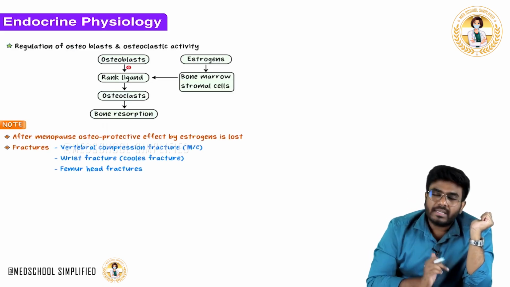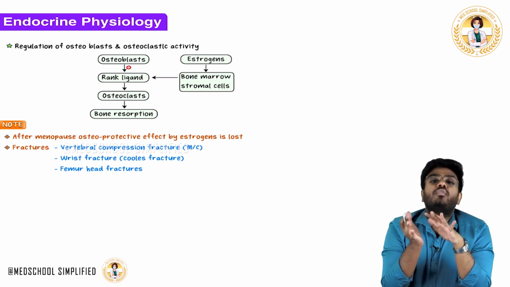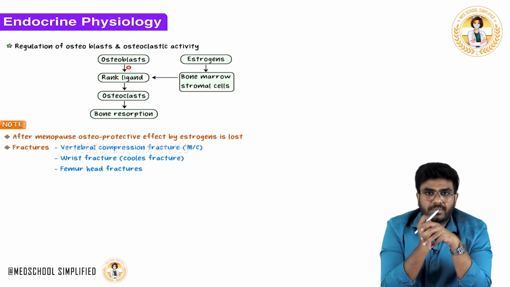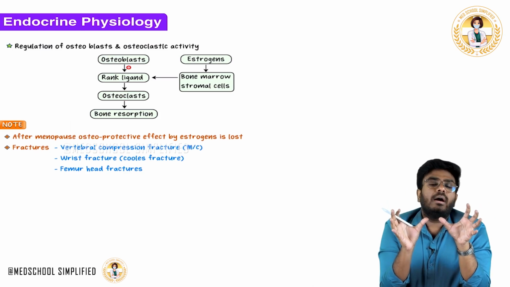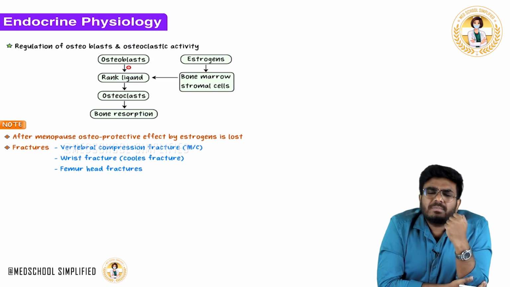Now look here, I will tell you how these estrogens are osteoprotective in a female who is not in menopause. Before 50 years, a female is not in menopause, and she has a good amount of follicles in the ovaries. First of all, let me ask you: what exactly is menopause?